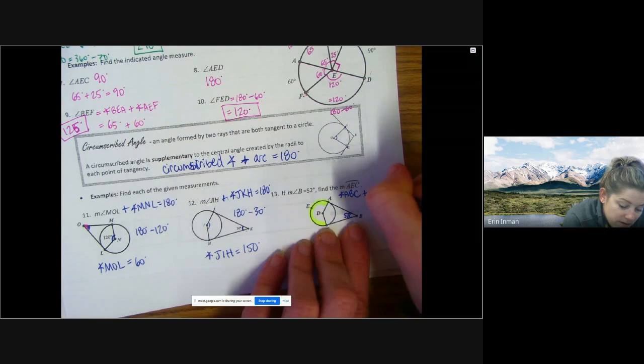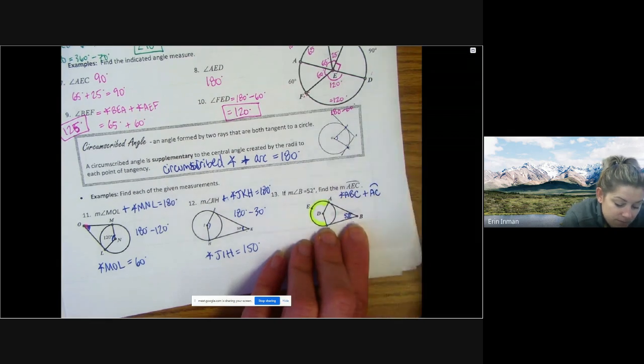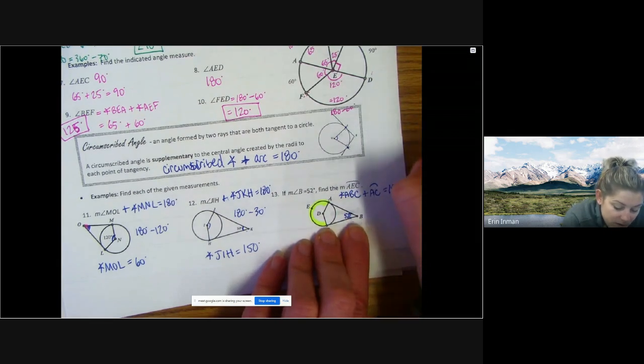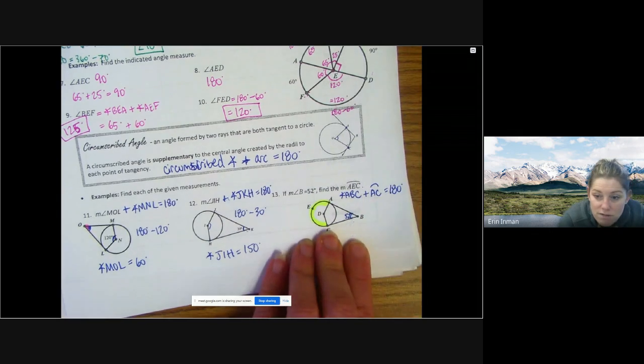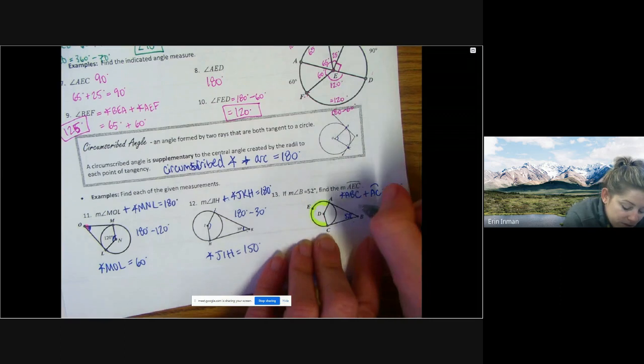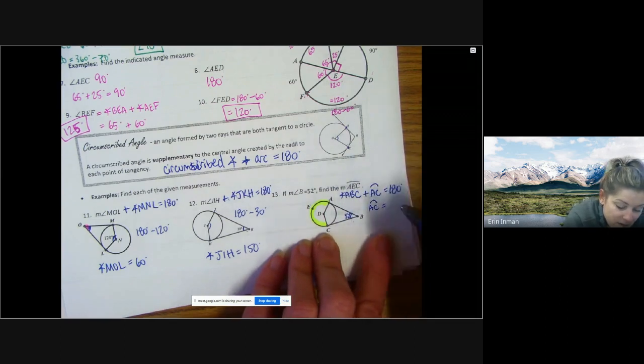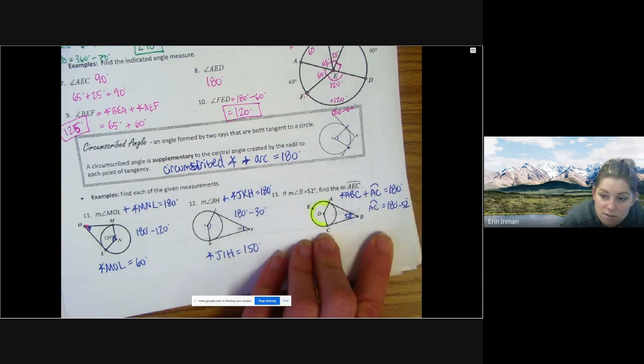So arc AC also has to be 180 degrees. And so now let me go ahead and substitute some of that in. We know then that the arc AC would be 180 degrees minus 52 degrees.